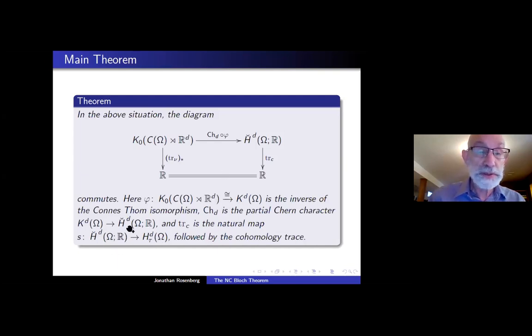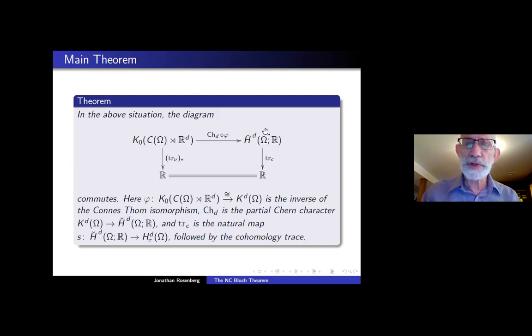So you can pull back the cohomology trace to the Čech cohomology, which is a little more computable, because this is just a topological invariant of omega. So this is fairly easy to compute.